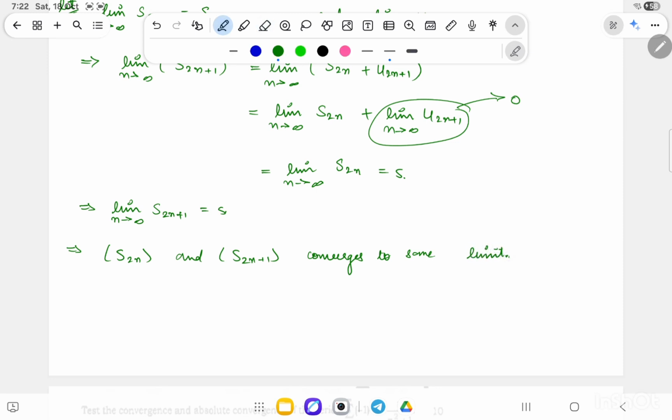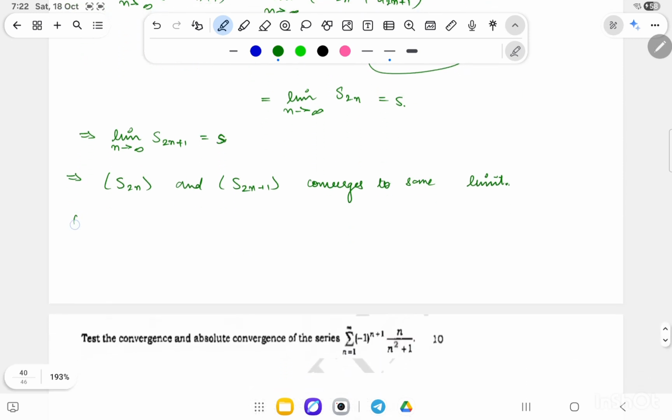Now we are supposed to show that the whole sequence converges to this limit s. Our claim is that the whole sequence, that is Sn, is convergent and it converges to s.